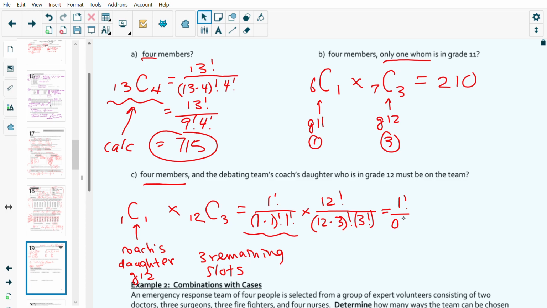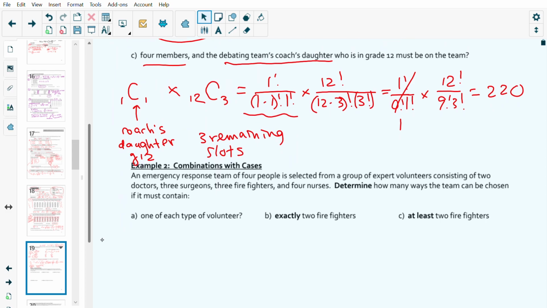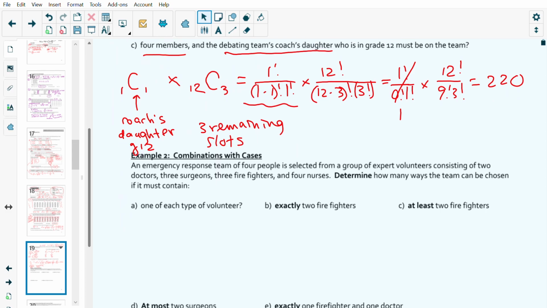All of this, 1 factorial over 0 factorial 1 factorial, is going to end up equaling 1. So 12 factorial over 9 factorial 3 factorial, and that ends up being 220. So 220 ways to form a team of 4 members where the debating team's coach's daughter is on the team, and then for the rest of the 3 members, there are no restrictions.